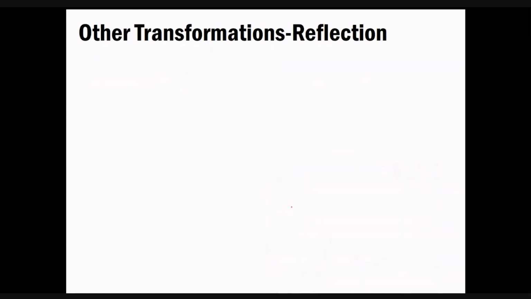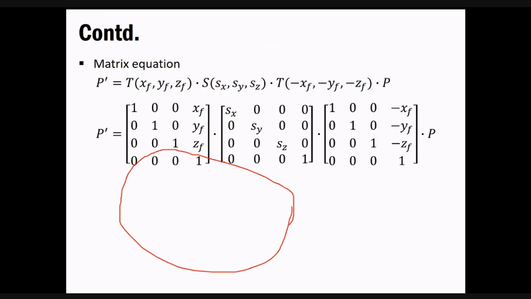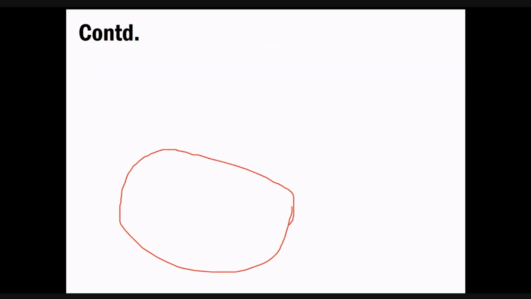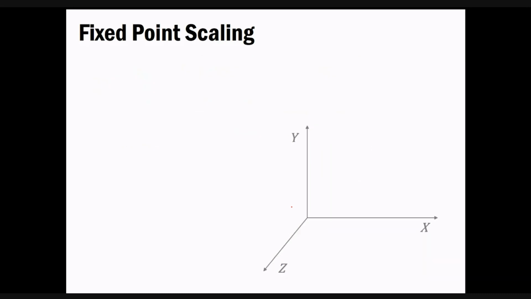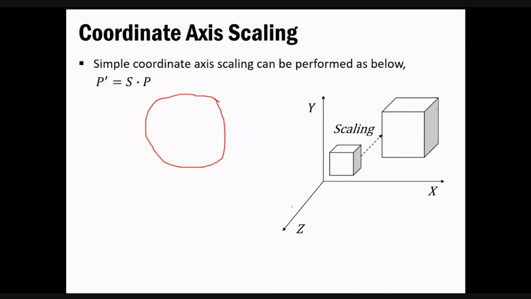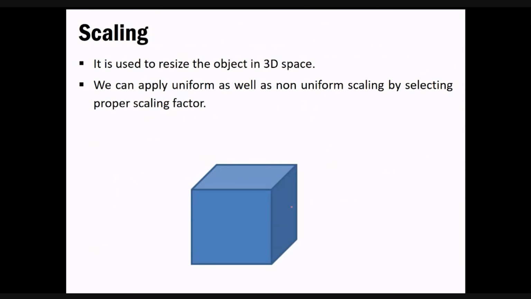And tomorrow we will not directly go to the next transformation. One other transformation that we have is reflection, but instead of that, we will see one example, for rotation about an arbitrary position. We don't know the position, so we'll perform all of the operations that we have just now derived, and then we will try to understand it.